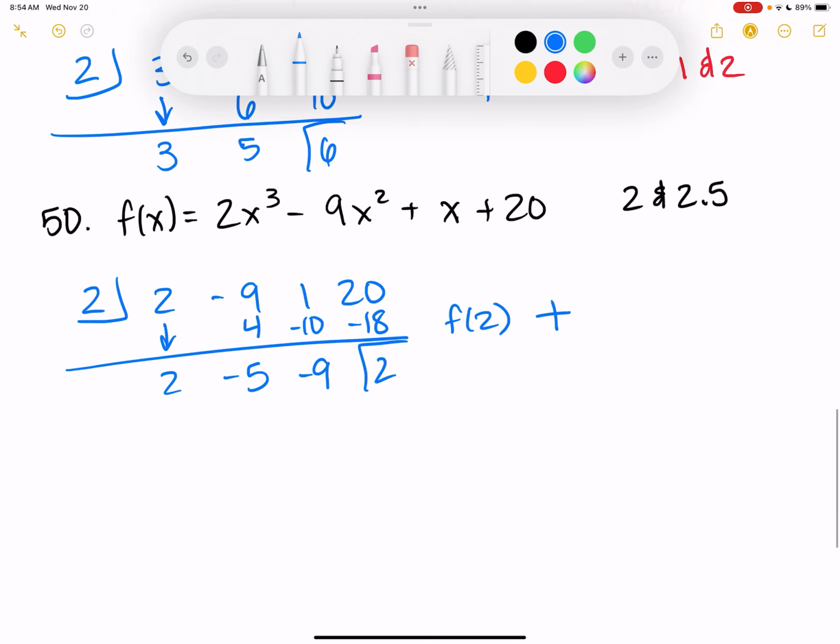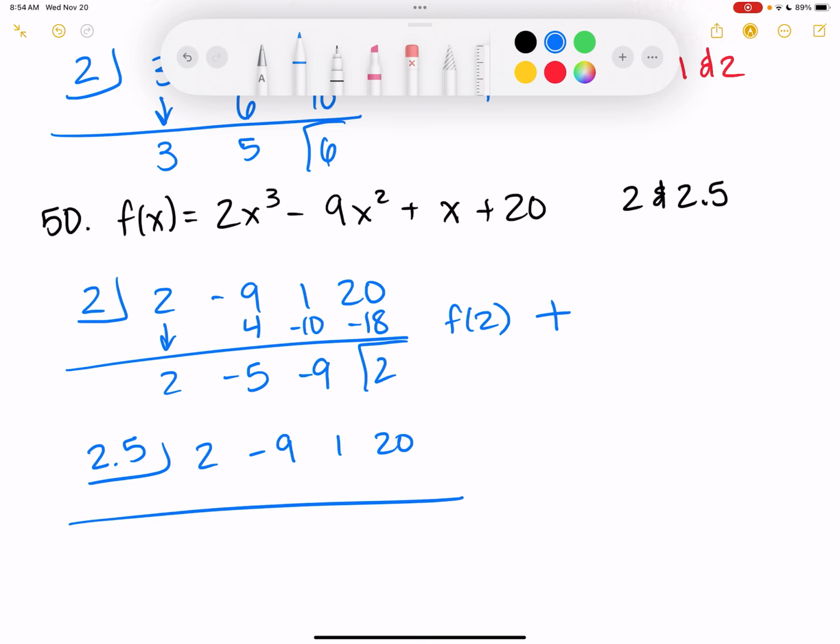Now 2.5, this one potentially could be a little bit more fun, we'll see. Same numbers, so 2, negative 9, 1, and 20. Bring down the 2. 2 times 2.5 is 5. Okay, maybe it won't be that bad. Minus 9 is negative 4. Times 2.5, that would be negative 10. Plus 1 is negative 9.